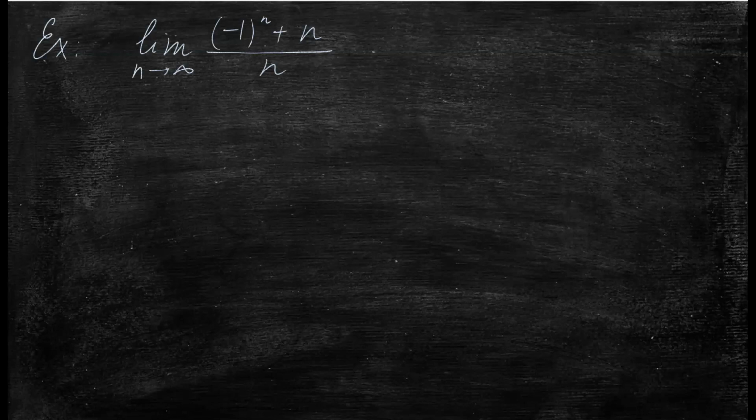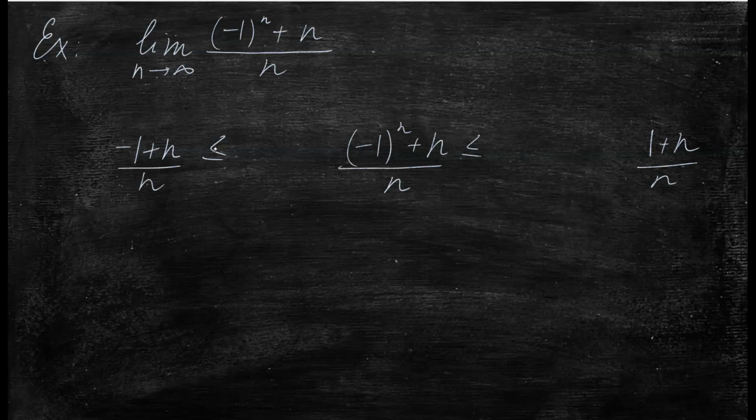So we're going to start by developing the following inequality. -1 to the power of n is actually bouncing between 1 and -1, and now if we add n to all three sides, nothing is going to change in terms of inequality. And if we divide everything by n, since n is a positive value, the inequalities will remain the same way.